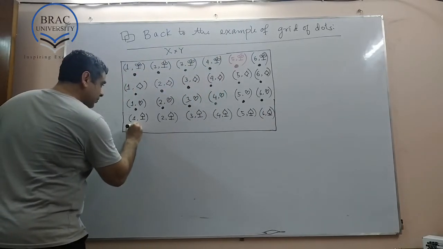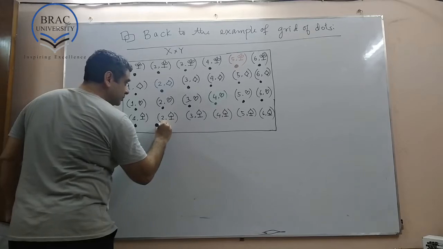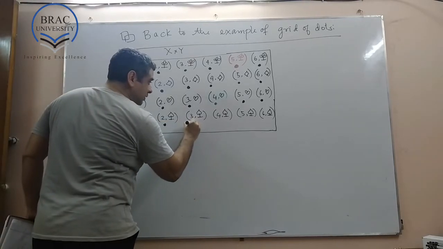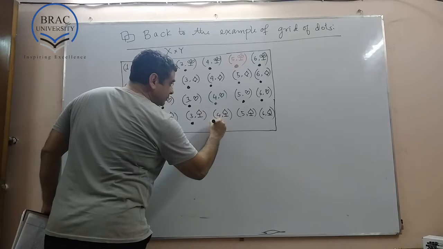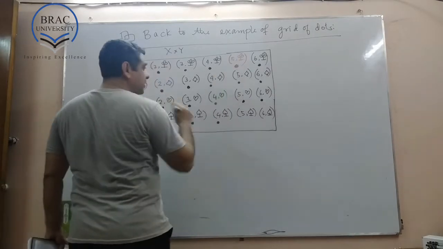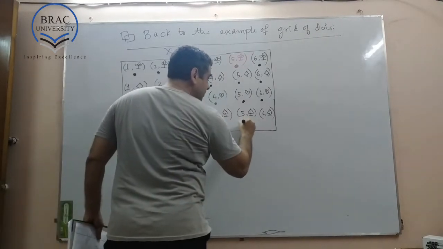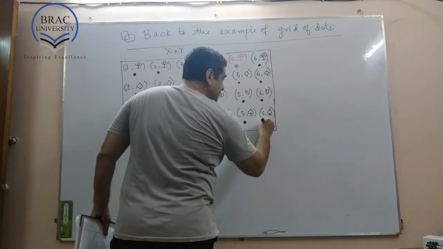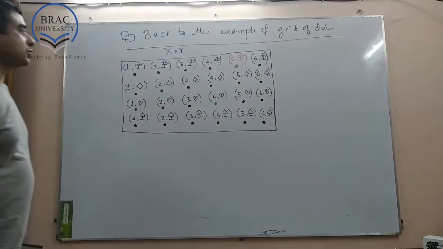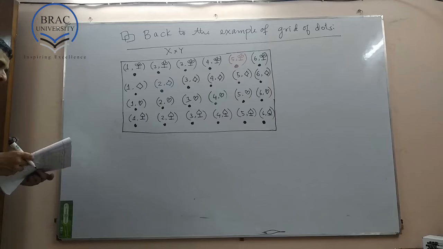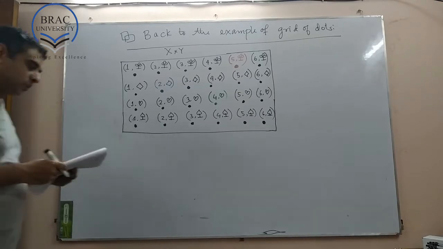So everything is black. Why they are in different colors will be clear in a minute. Okay, this is X cross Y.